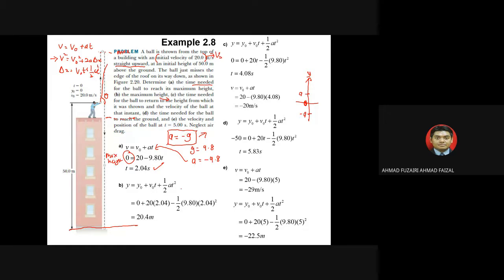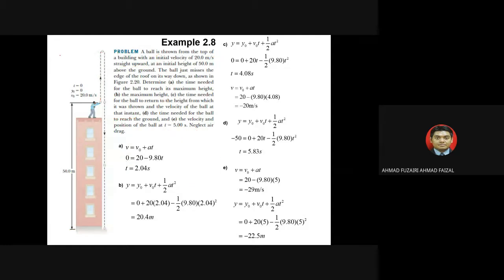Look carefully. What is this equation actually? Basically, when you are dealing with motions in one dimension, you need to separate between motion in X and motion in Y. For example, this equation, delta X equals V naught T plus half AT squared.